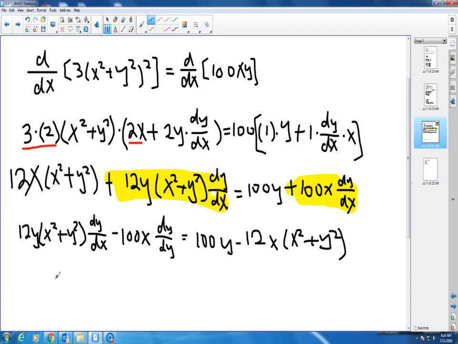Alright, factor out the dy/dx. Now it just leaves me with this minus the 100x. So to get dy/dx by itself, I will have to divide.